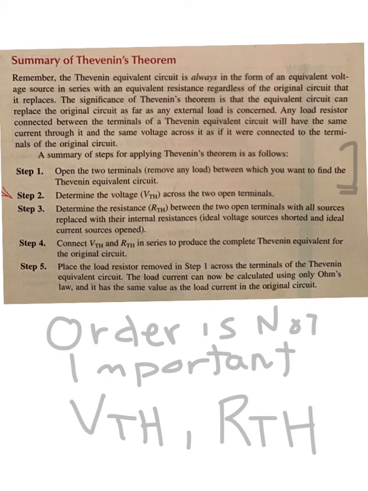Step 2, using Ohm's law and any technique in the book that works, determine the voltage across the terminals when you remove that load. You'll remember that in some cases when you remove a resistor, new voltage shows up at that spot, so to speak.